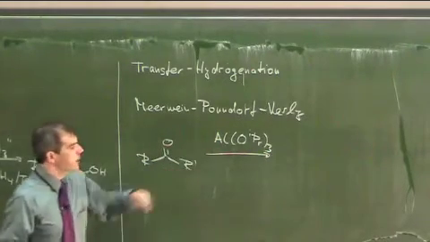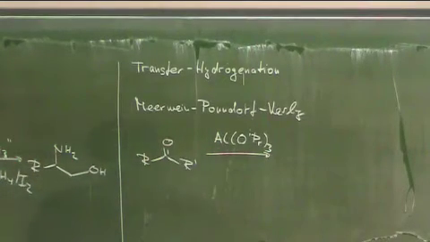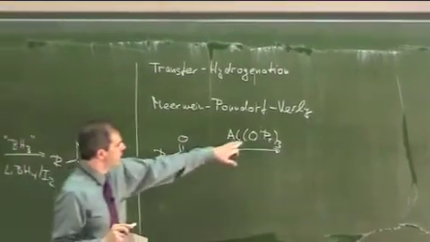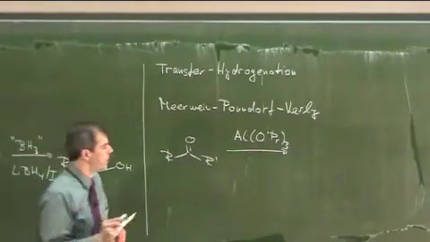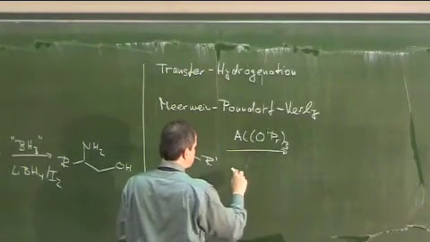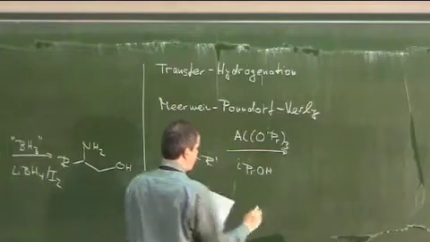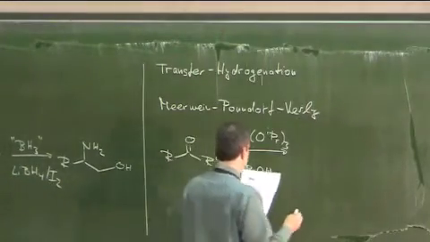and you take an alcoholate of aluminum, here in this case the tris isopropyl compound. You do this in isopropanol.